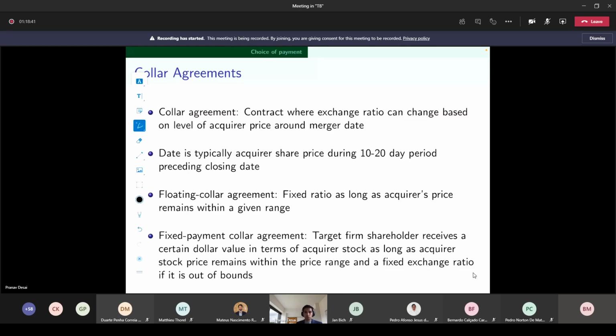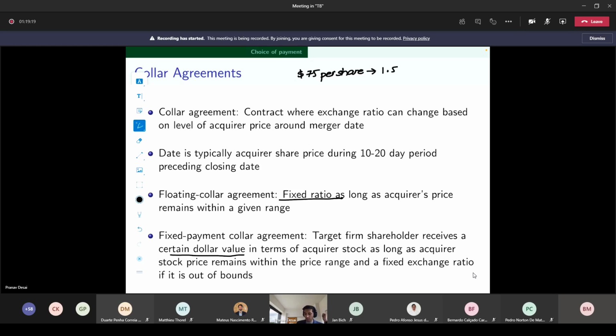Essentially, there are two ways that a collar agreement can go through. The first one is where the exchange ratio remains fixed, as long as the price remains within a given range. The second one is where the dollar value remains fixed, so long as the price remains within a given range. So let us consider an example where 75 per share is being offered when the payment is being made, and the exchange ratio is something like 1.5.